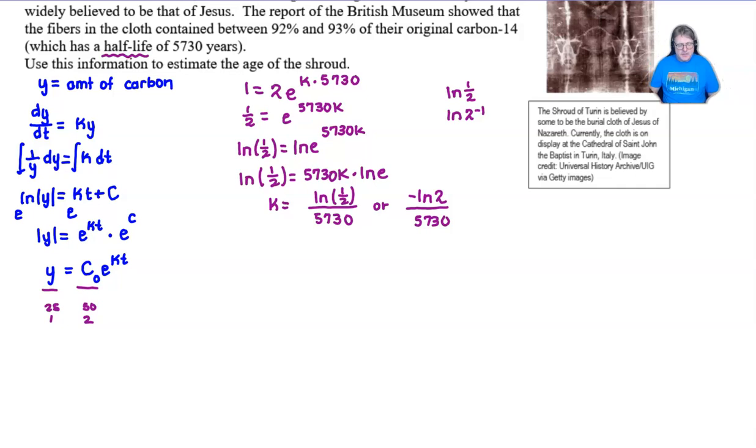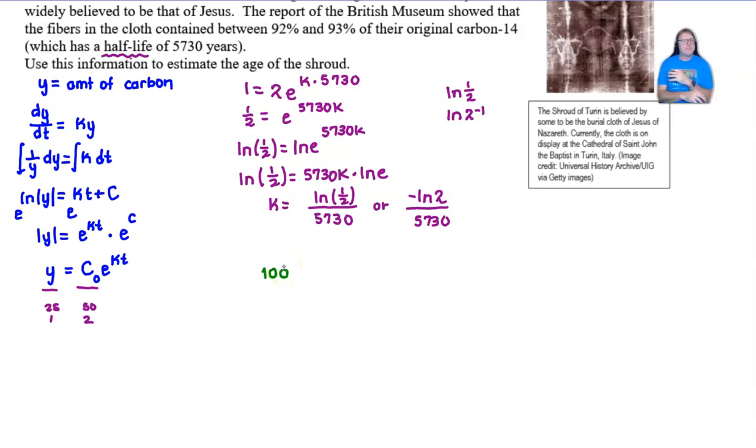shroud. Now, the report from the British Museum had showed that the fibers in the cloth had about 92 to 93% of their original carbon-14. And so what that means is the ratio would be that 92% if it was on the low end. What does that mean with our equation? Well, how about we use 100 for the original amount of carbon?